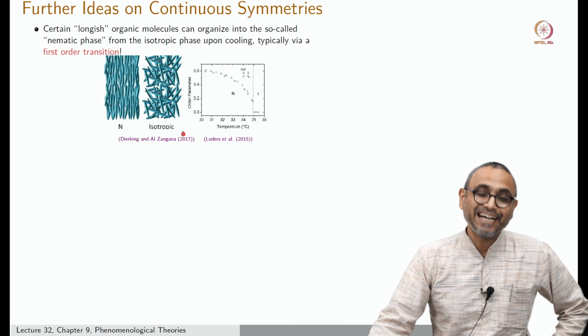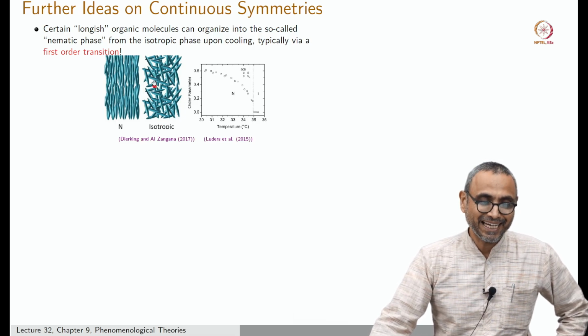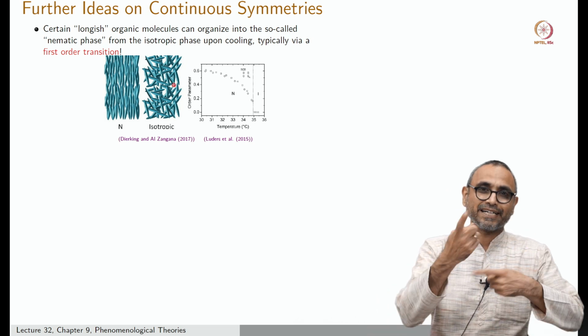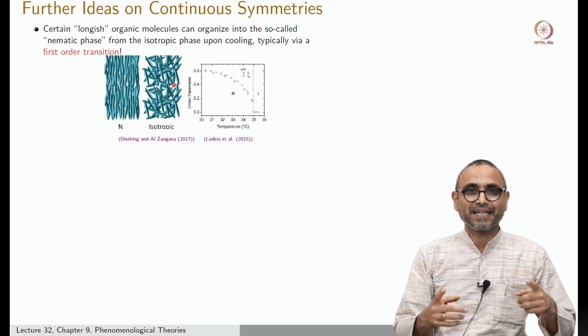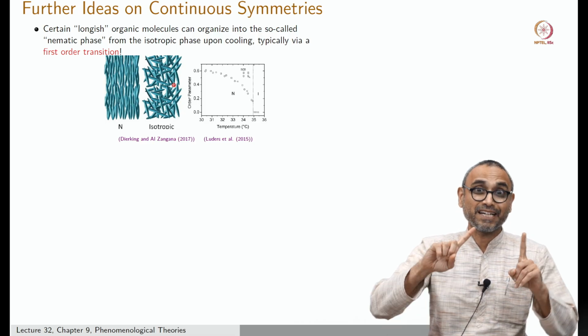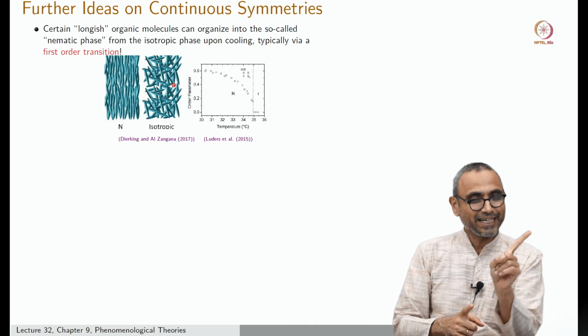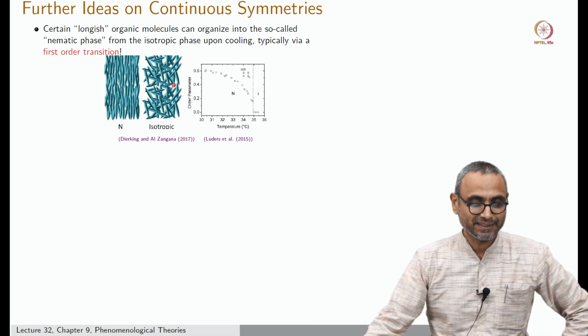So if you are at very high temperature, above some transition temperature, they are in what is called an isotropic phase, right? So they are all oriented randomly and all of that stuff. If you were to write some energy function of something like this, this problem will have some kind of rotational symmetry. The rotation will act on this rod and rotate it in any three-dimensional rotation you can do on this.